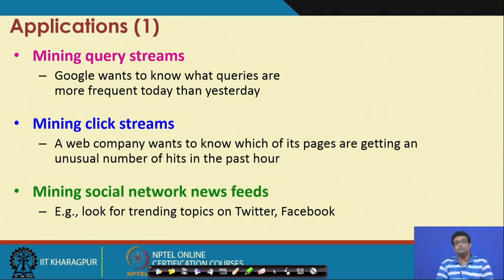A web company wants to know which of its pages are getting an unusual number of hits in the past hour. This can be something like trending pages. Then mining social network feeds, looking for trending topics on Twitter, Facebook, etc.